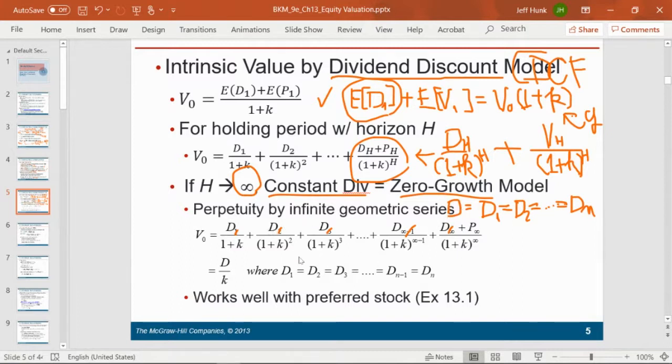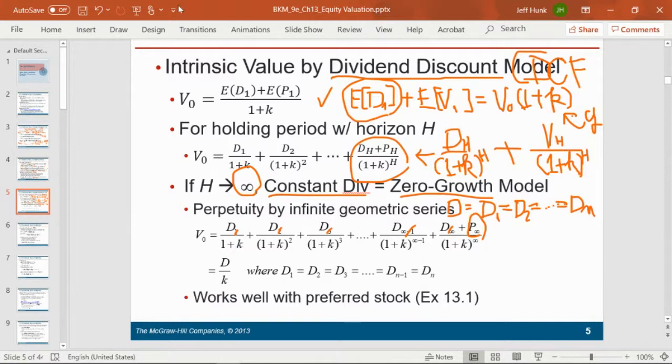Okay. Now let's think about another thing, this future value at infinity.